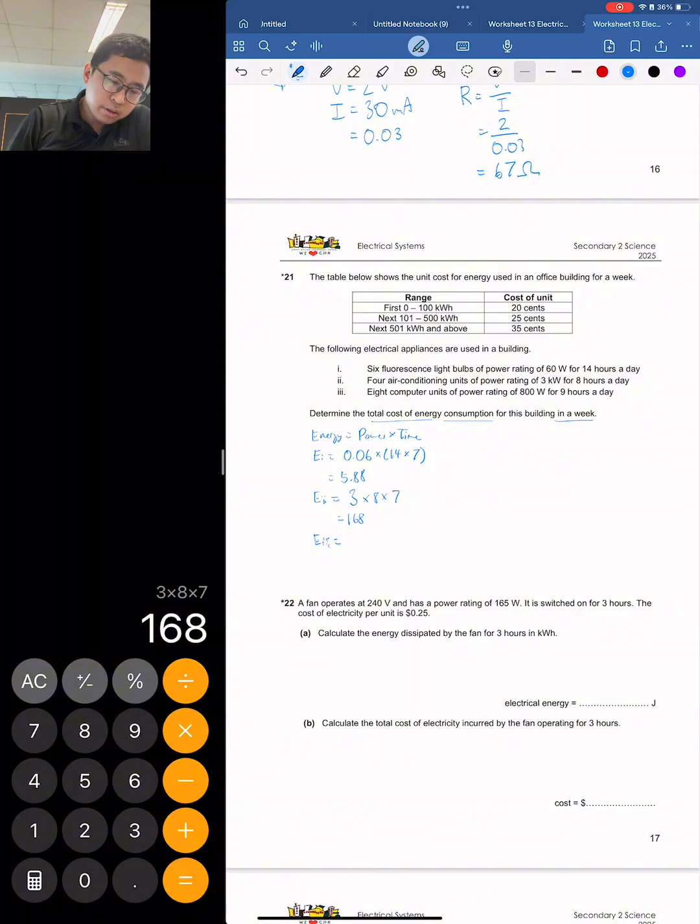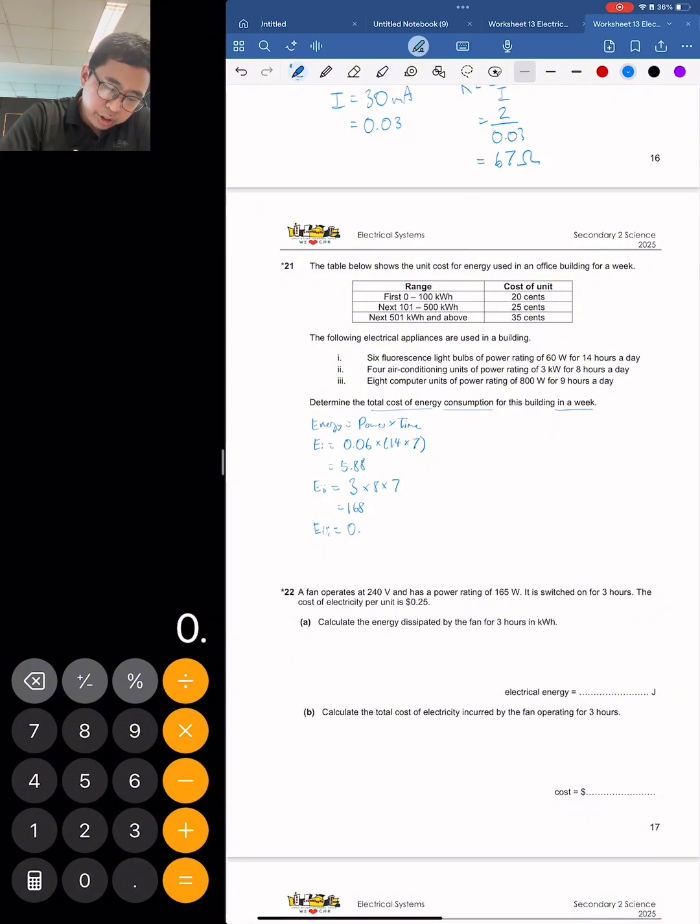Then the next one equals 0.8 times 9 times 7 equals 50.4.